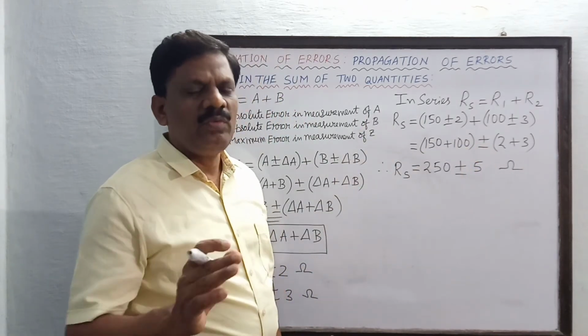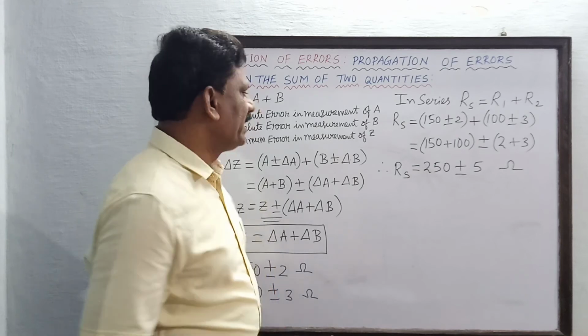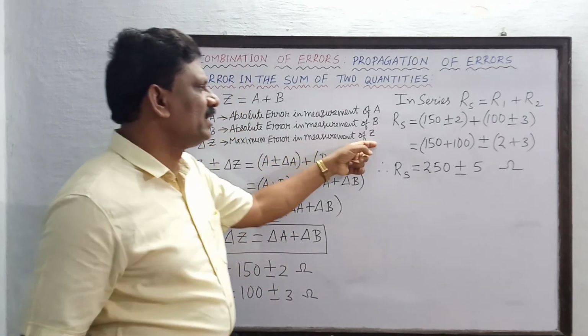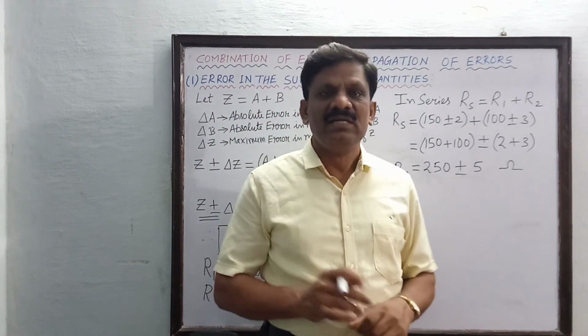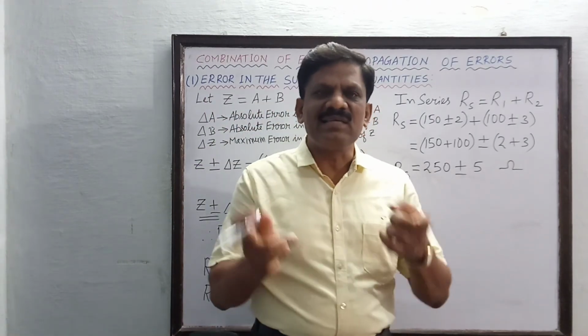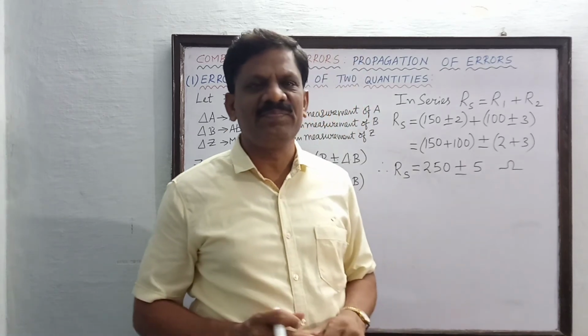So what do we want to summarize now? The maximum possible error in the measurement of Z, that is the sum of two quantities, is equal to the sum of the absolute errors, is it not?